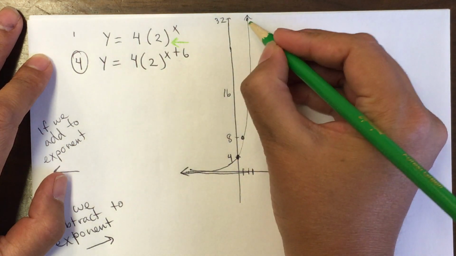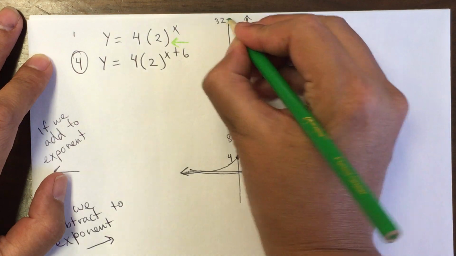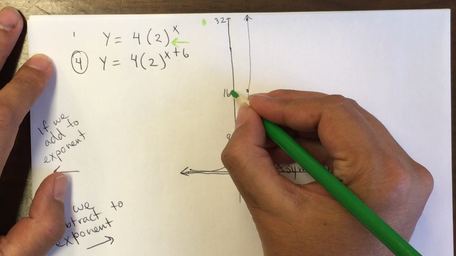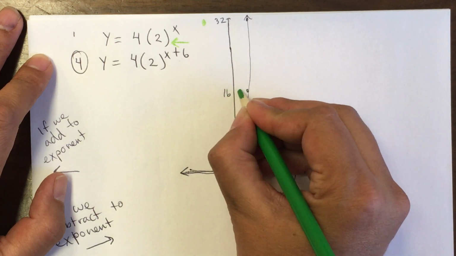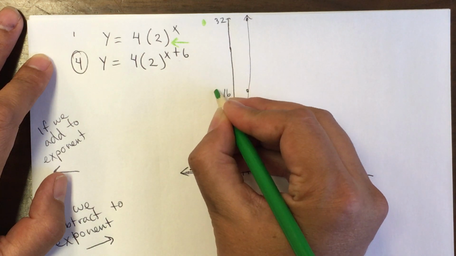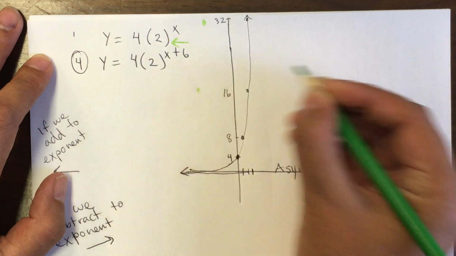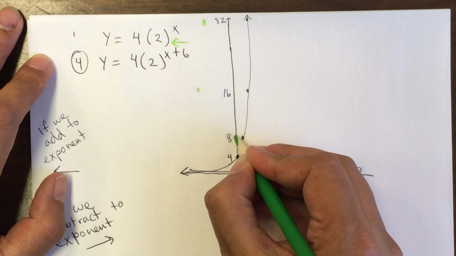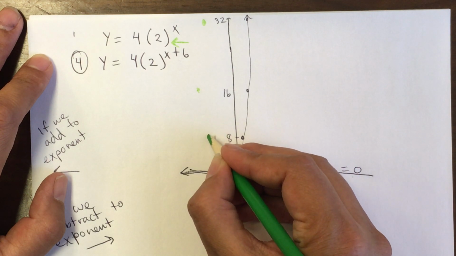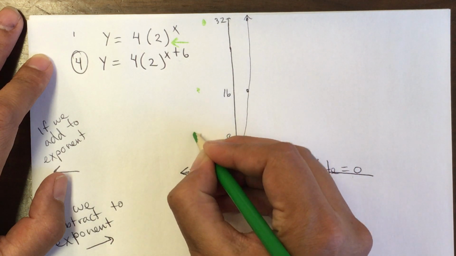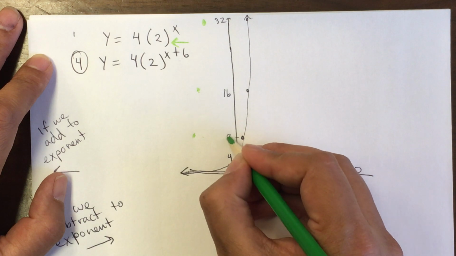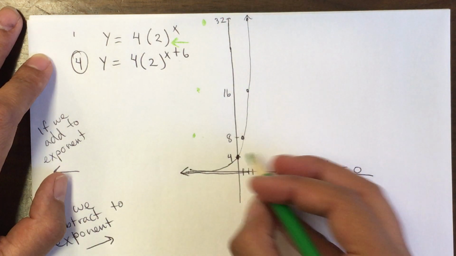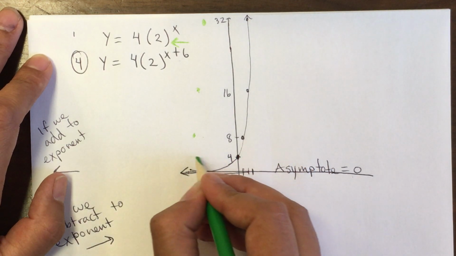This is for the third cycle, so it's going to be 3 and 3 more. 1, 2, 3, 4, 5, 6, and 6 in here.